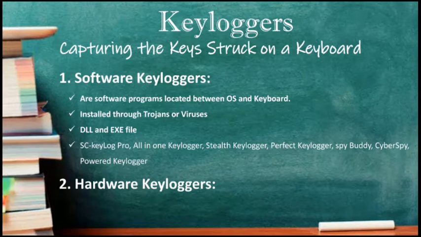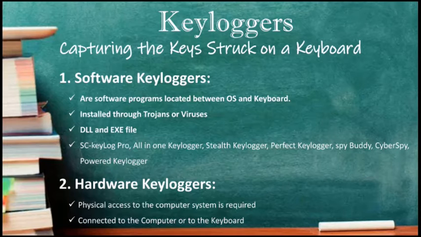The second type is hardware keylogger. To install these keyloggers, physical access to the computer system is required. Hardware keyloggers are small hardware devices. These are connected to the computer or to the keyboard and save every keystroke into a file or in the memory of the hardware device.